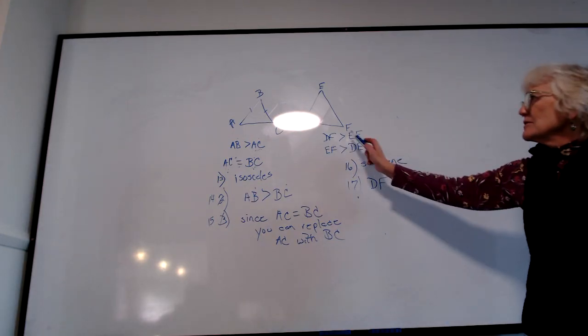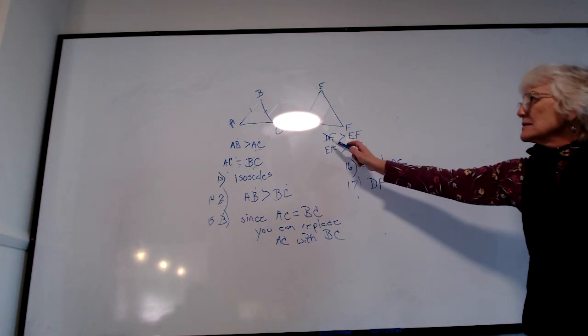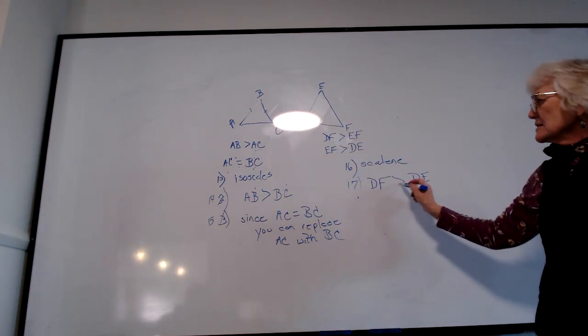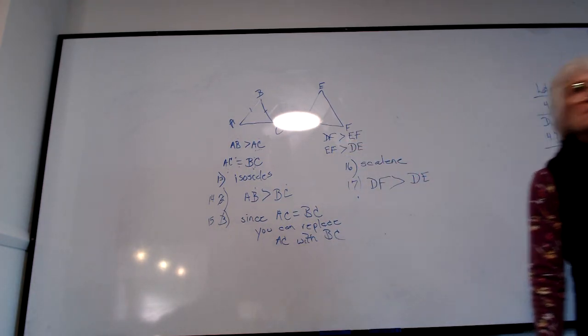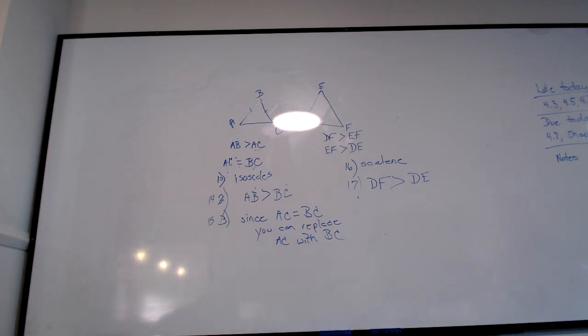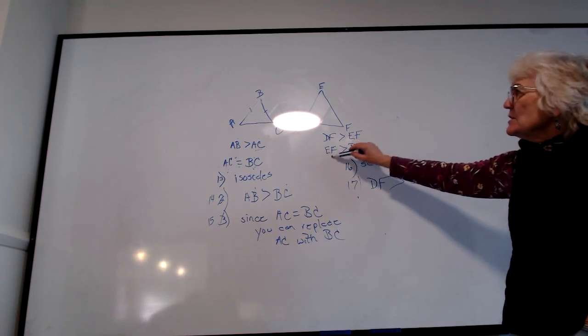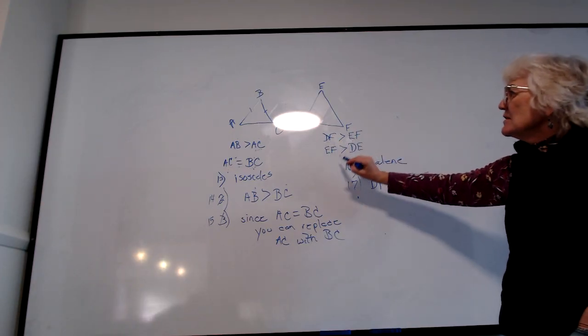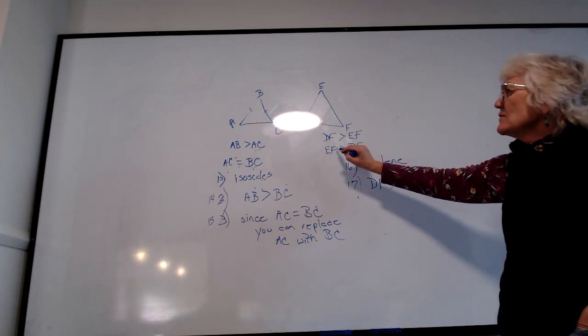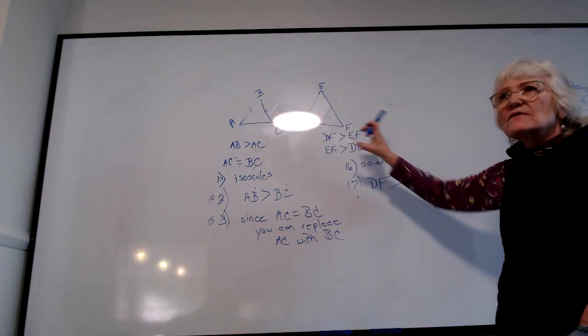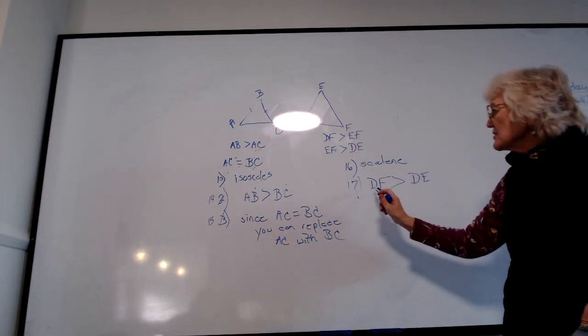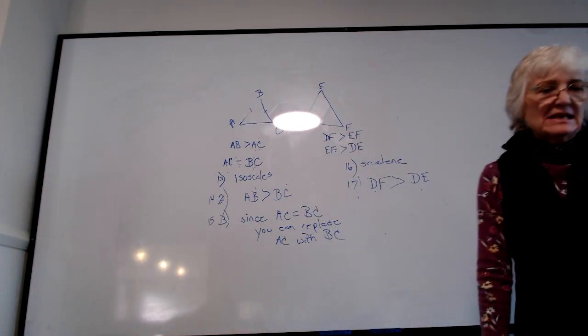DE is less than DF. Yes, DF is greater than DE, because EF is actually in the middle of those. So DF has to be greater than DE.